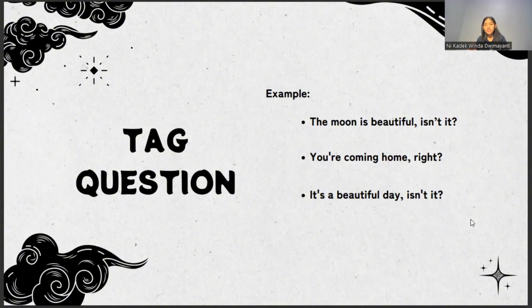But you can see in the second example, you are coming home, right? In this sentence, we use rising intonation because the tone at the end rises and the sentence expresses doubt. Let me tell you, you are coming home, right?